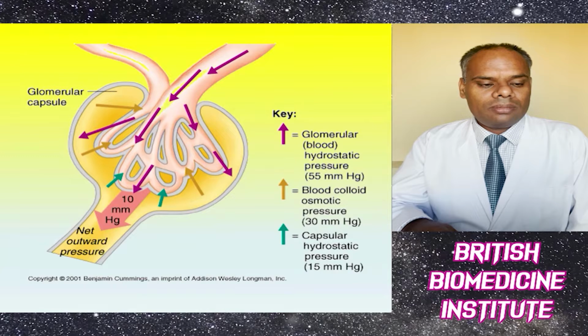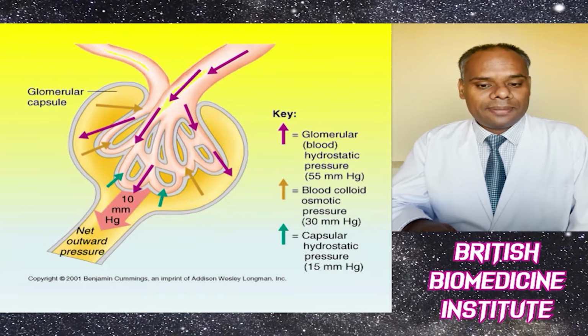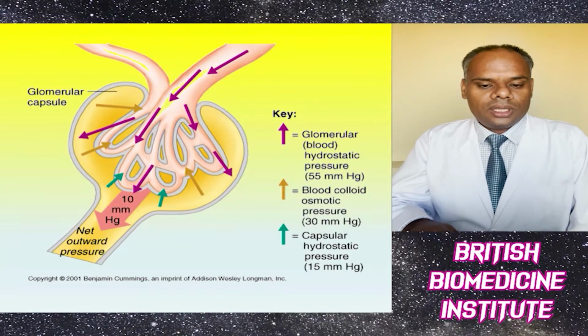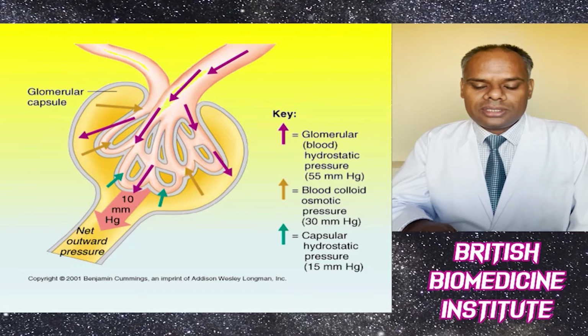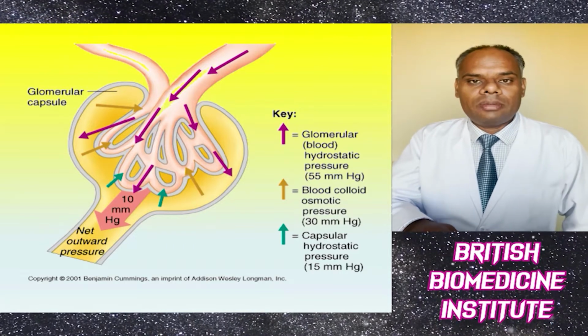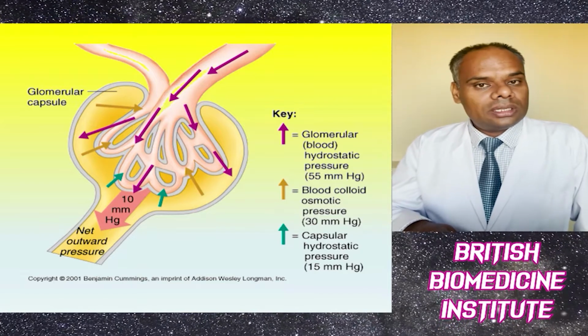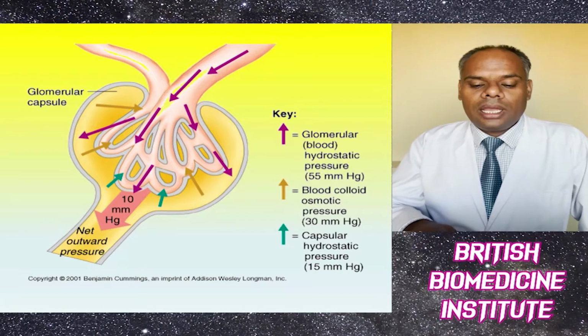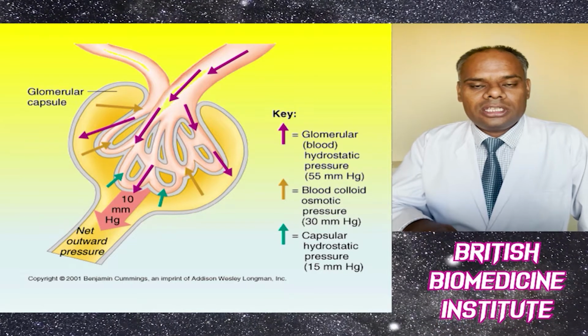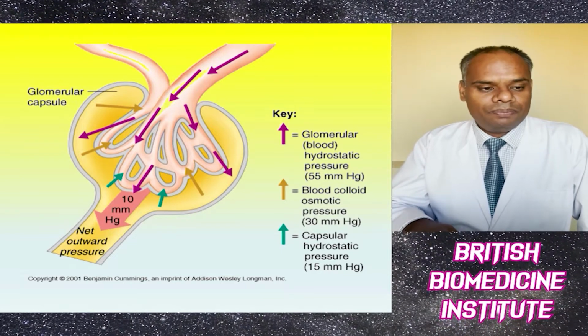So this is a diagram of Bowman's capsule, where glomerular hydrostatic pressure is about 55 mmHg, blood colloid osmotic pressure is 30 mmHg, and capsular hydrostatic pressure is about 15 mmHg.